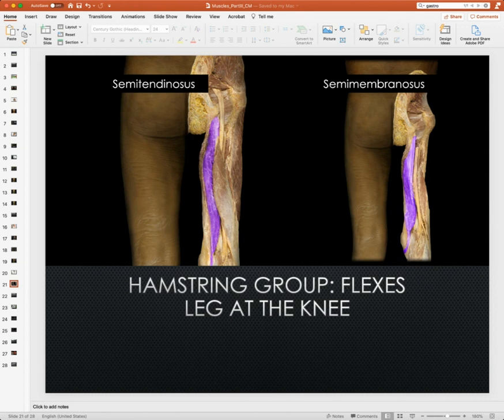Let me show you their action of flexion.